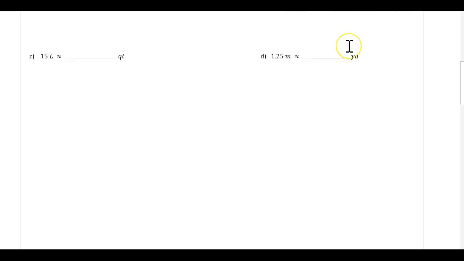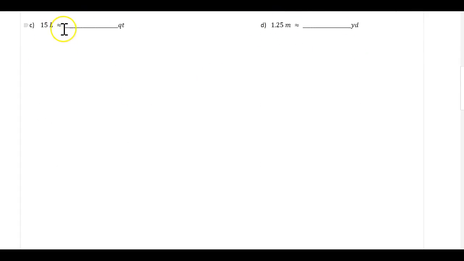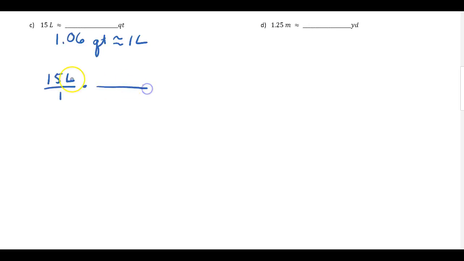Now let's look at a couple of other examples. So I've got 15 liters is approximately how many quarts? Well, I do have a conversion that says 1.06 quarts is approximately 1 liter. So I actually have a conversion straight from quarts to liters. So I'm going to start out with 15 liters over 1. Liters is on the numerator here. Liters must be on the denominator here.